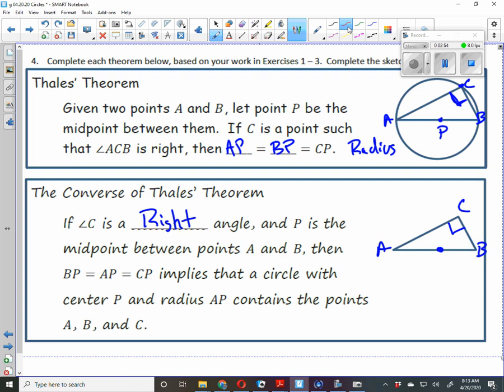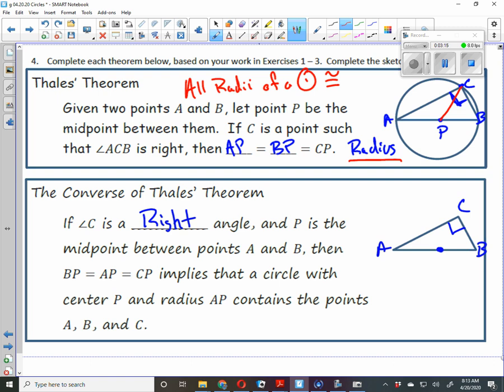And notice that CP is a radius. So these are all radii, and we know that all radii of a circle are congruent.